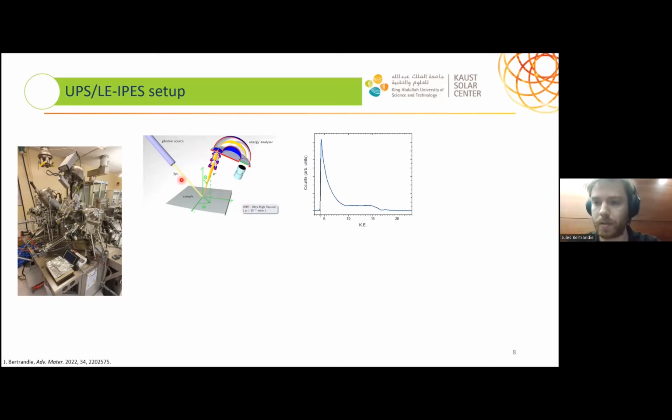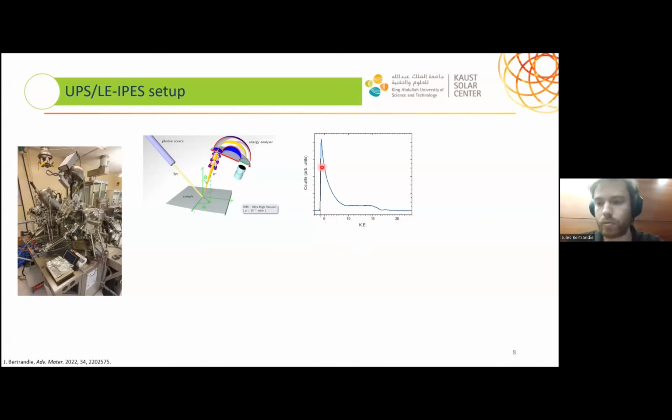Photons with a very particular energy, which is created with a helium plasma. We gather the electrons and we measure their energy. Here you can see the spectra that we measure from this setup. From this, we can determine two values, the work function and the valence band of our material.